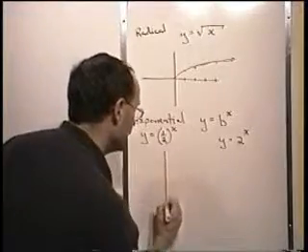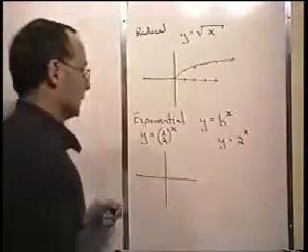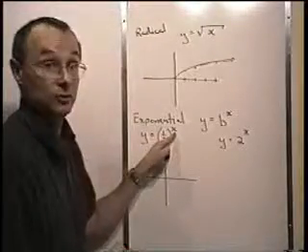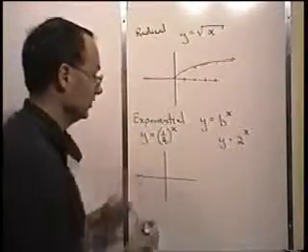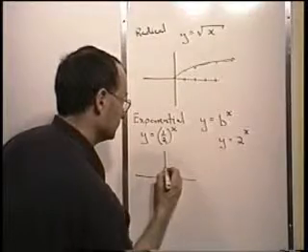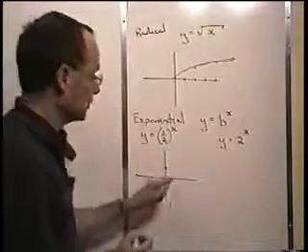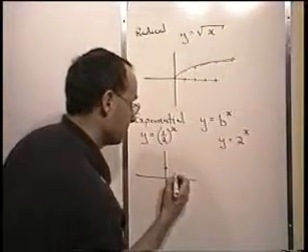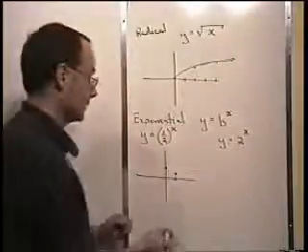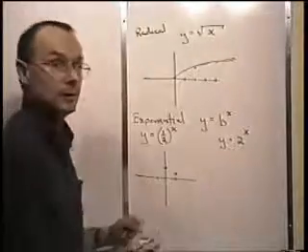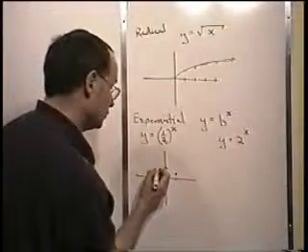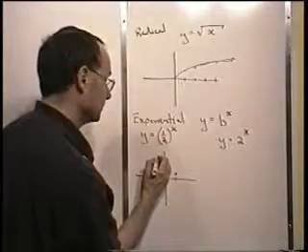What would this graph look like? Well, we can start with a really nice point, and that is when x is 0, because 1/2 to the 0 is 1. If we put in a 1, 1/2 to the 1 is just 1/2. If we put in -1, 1/2 to the -1 is positive 2.